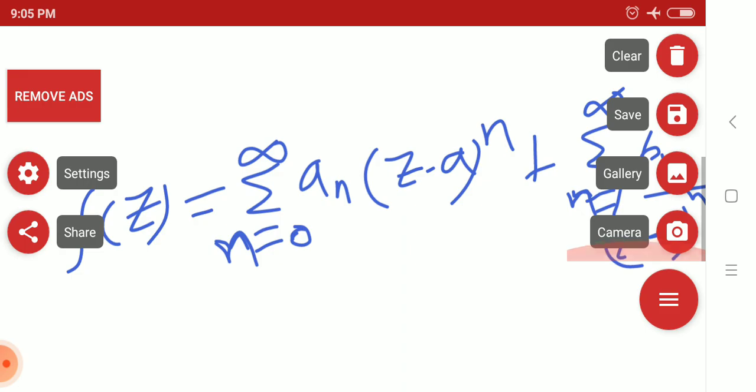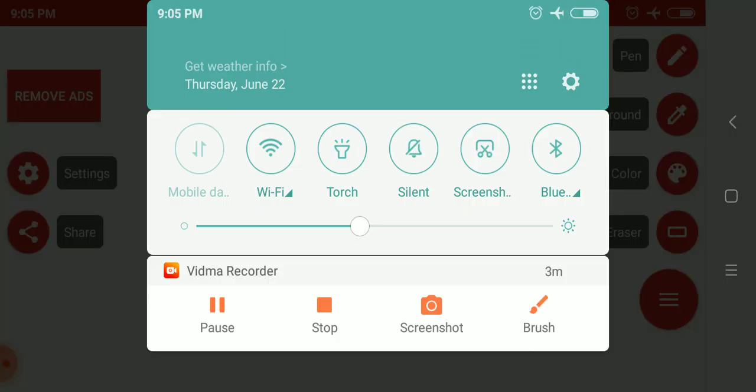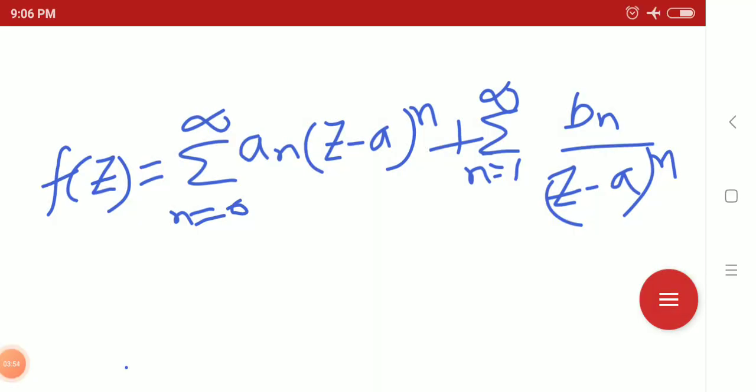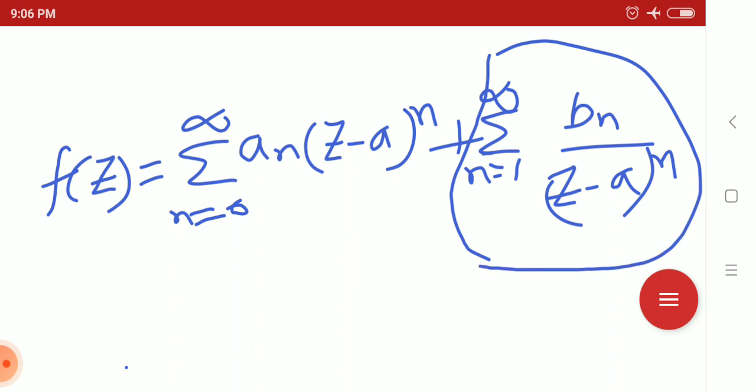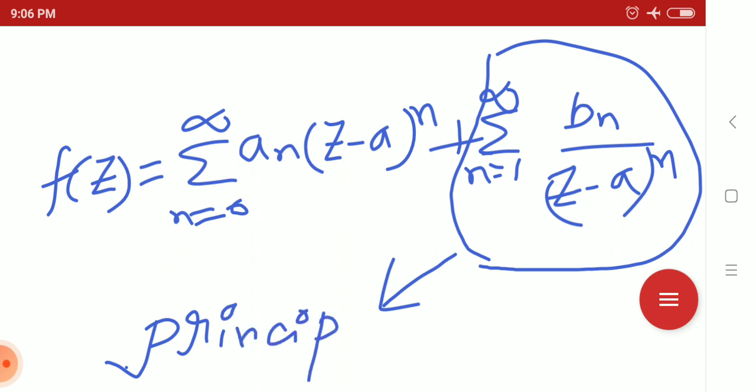Let me write clearly so that you will understand. This is a Laurent series. Here a_n (z minus a)^n, and this part b_n by (z minus a)^n is called the principal part, the negative power portion.